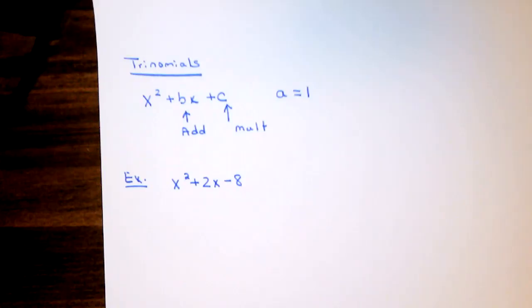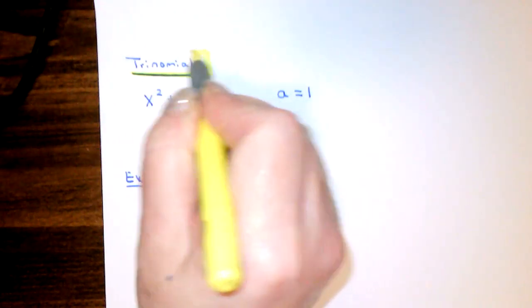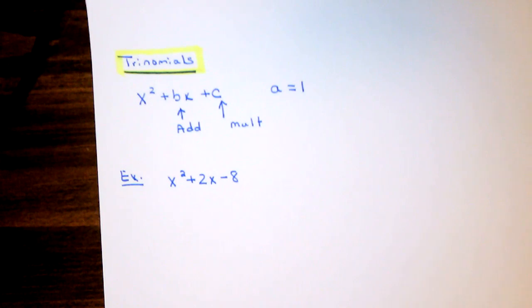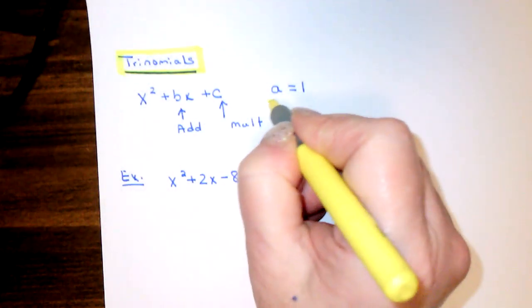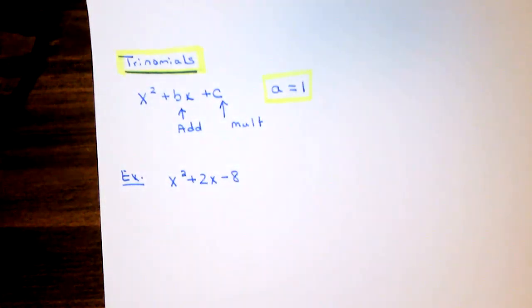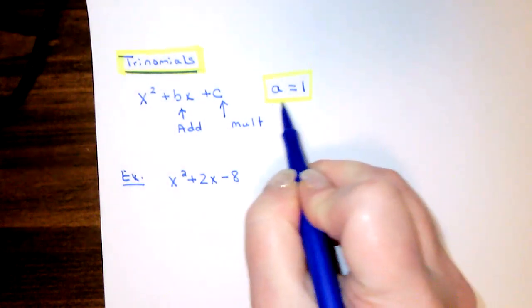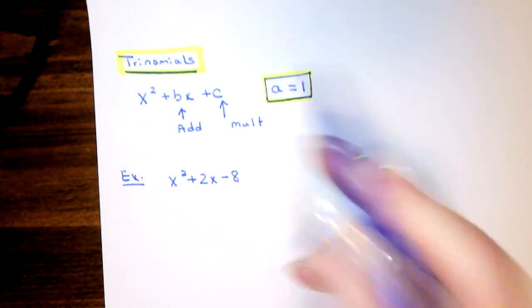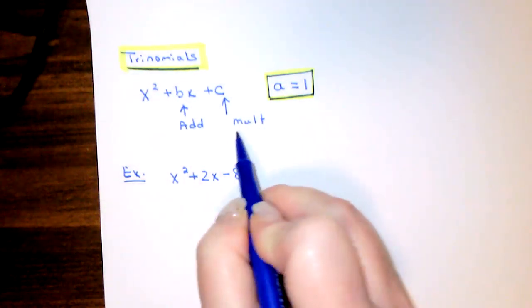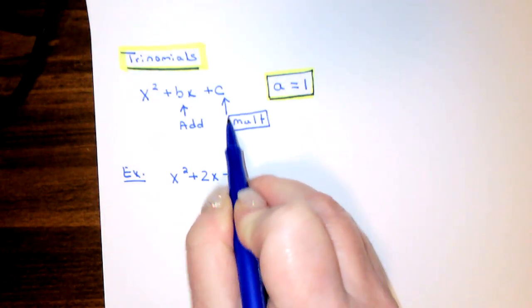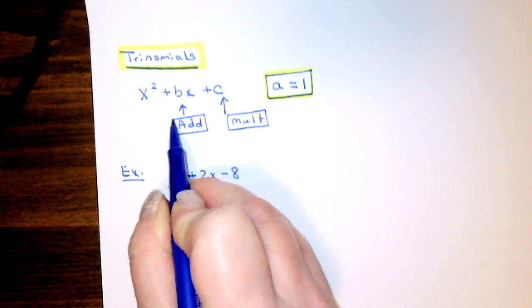Okay, so if you're looking at what's called a trinomial and you have 3 terms when you're factoring, there's a rule for if A is equal to 1 and then if A is not equal to 1. So if A is equal to 1, remember it's multiply and add up.